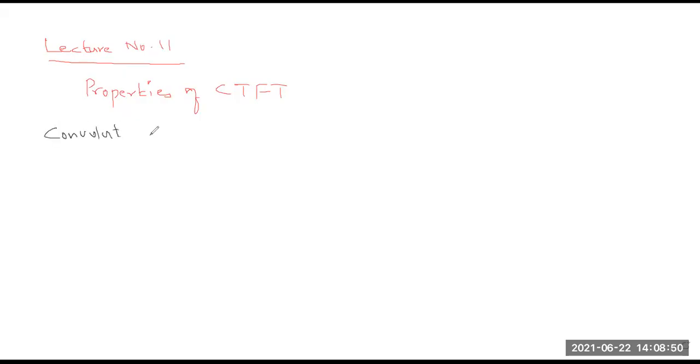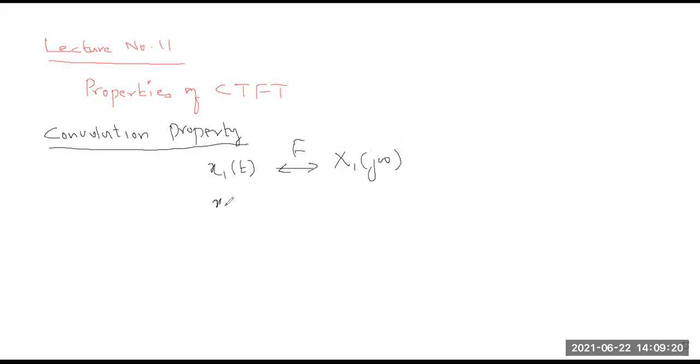Another property of continuous time Fourier transform is the convolution property. According to this property, if there are 2 time domain signals, let's say x1(t) and its Fourier transform pair is X1, and there is another signal x2(t) and its Fourier transform is capital X2.